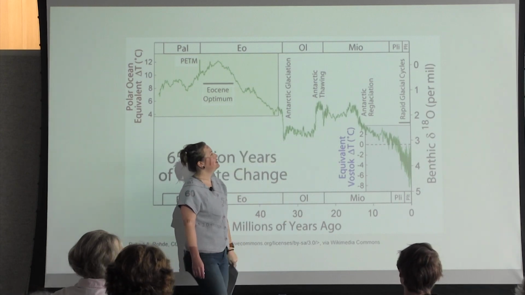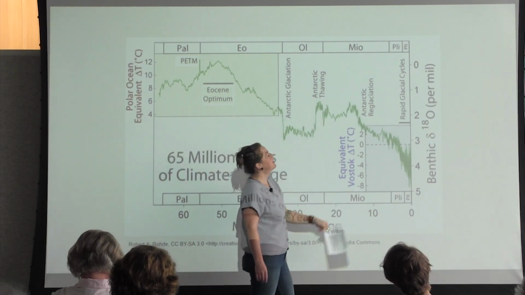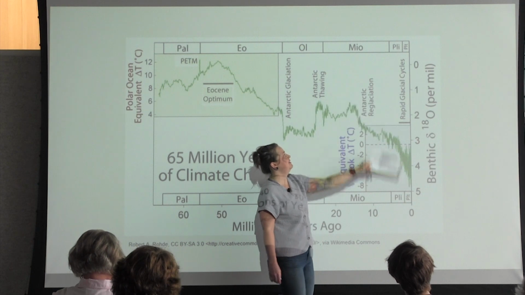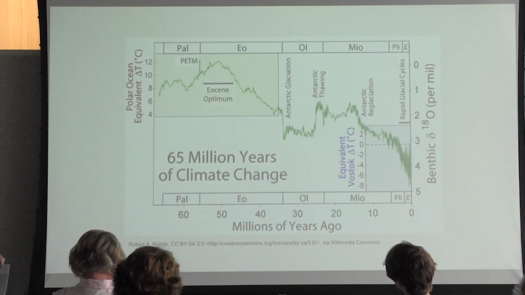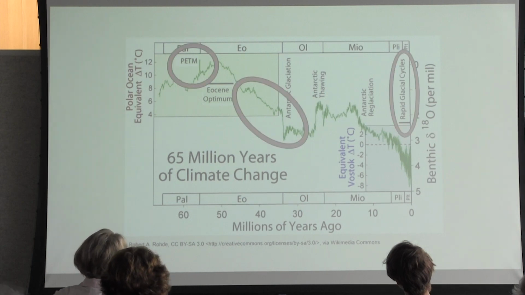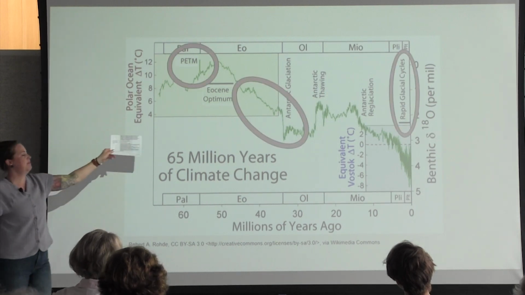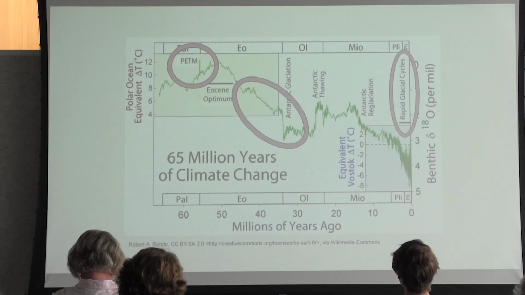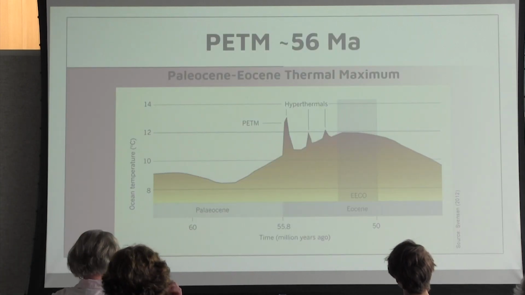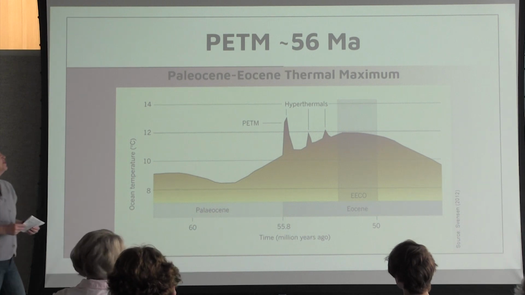Then we get the Antarctica glaciation, we got some spikies here, and then we get this rapid glacial cycle, which is our last, most recent ice age. So I'm gonna hit a couple of these, a few of these. I'm gonna talk about the PETM, and then we'll talk about the Cenozoic cooling, and then we'll get into our most recent ice age. So the PETM is called a hyperthermal.